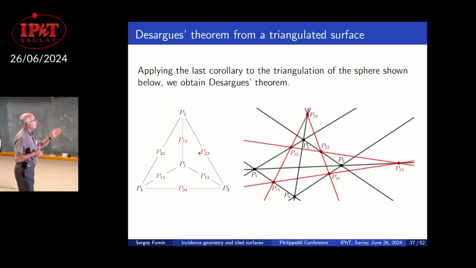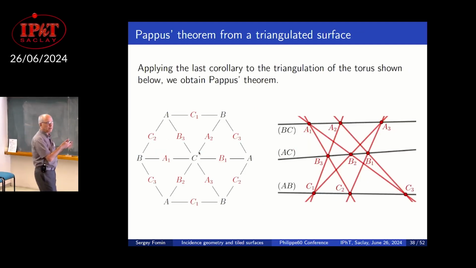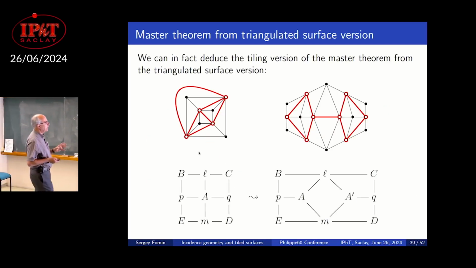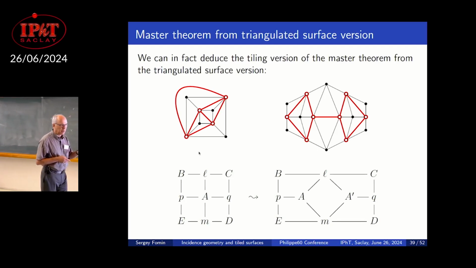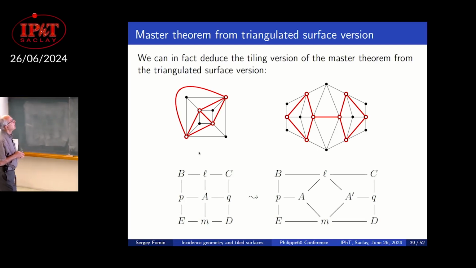So in particular, it involves placing points on the sides of the triangulation, not just on the vertices. And I explain here how Pappus and Desargues can also be obtained from that approach, and that in fact we can also go back from the triangulation version to the quadrangulation version. Again, I don't have time to explain.